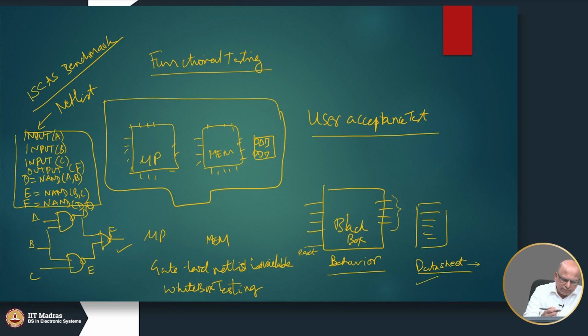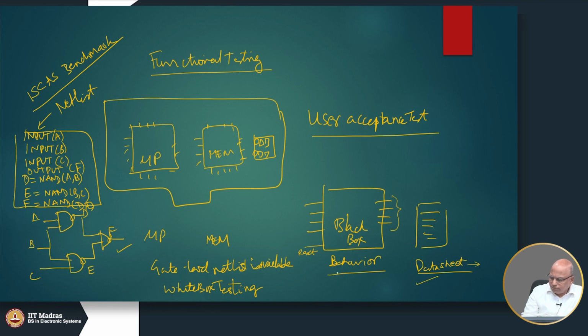So, if somebody gives you the netlist and says, find tests, that is what we have been discussing, the D algorithm, PODEM, right. But here the microprocessor that you have, you only know its I/O behavior. You know, if I apply these inputs, these will be the outputs I can see.